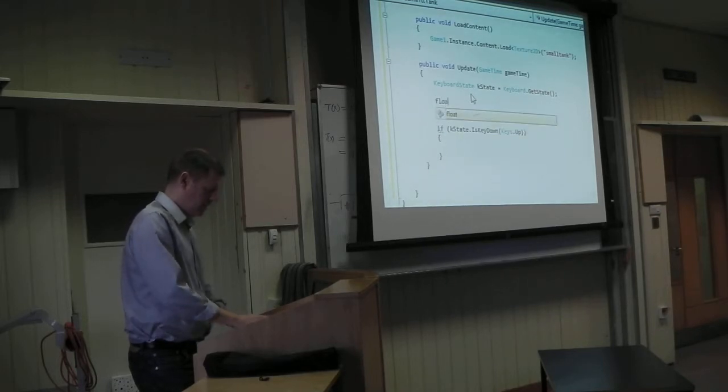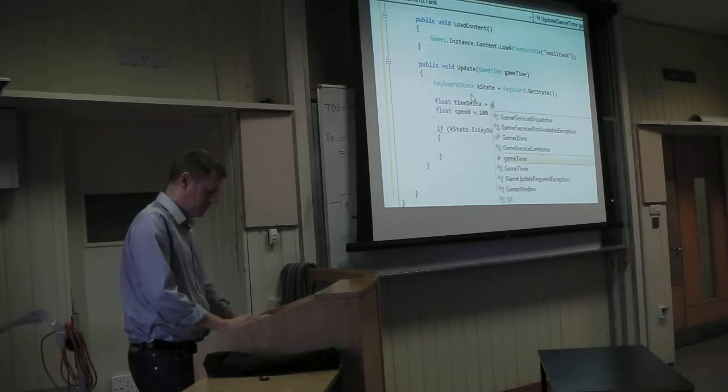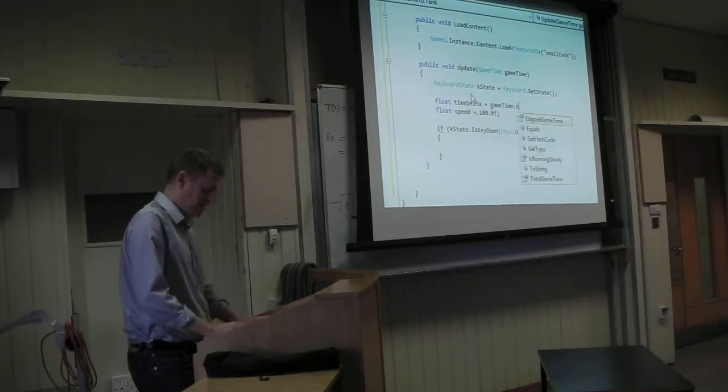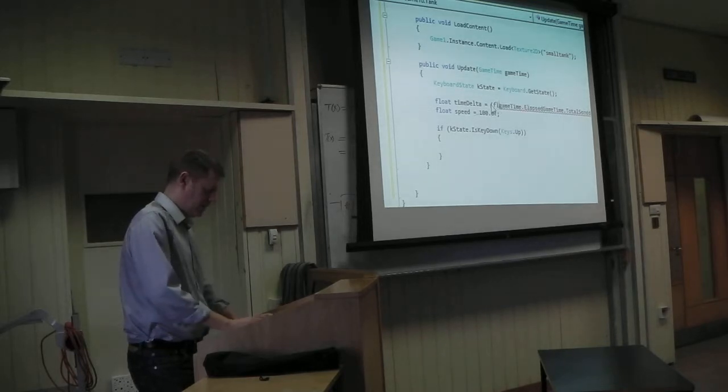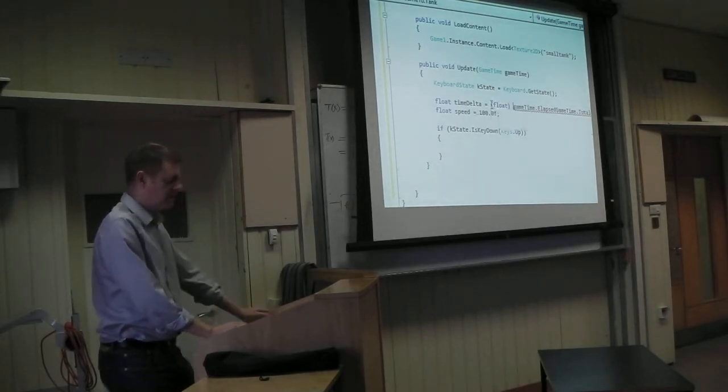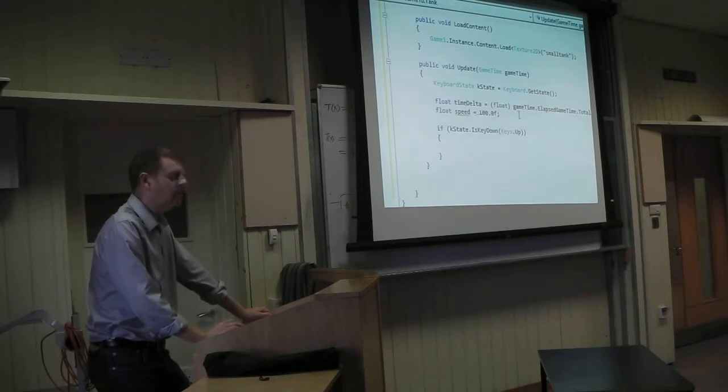And then the other thing you need to declare here is the time delta. Game time dot elapsed game time dot total seconds. And then we need to cast that to be a float. Alright, so that tells you, what does time delta tell you?